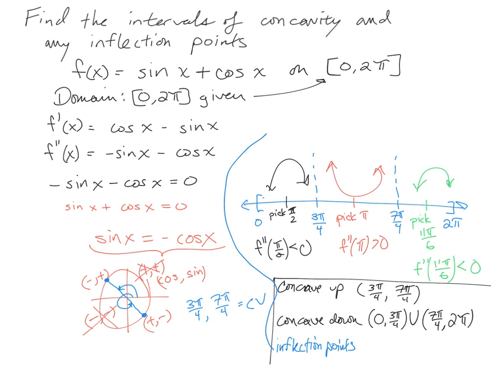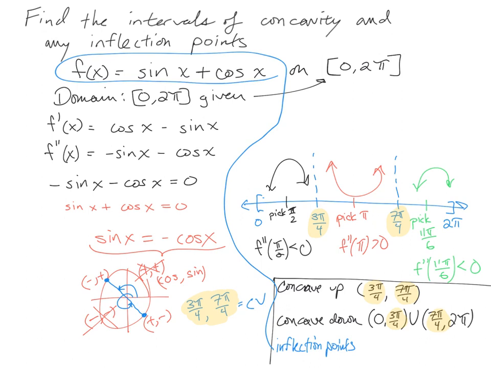So when we try to find inflection points, maybe I need to point this out again: the only values that showed up in our intervals here are the critical values that we had way back here. So the inflection points are going to have the x values that are critical values where the concavity changes. So both of these will be inflection points.